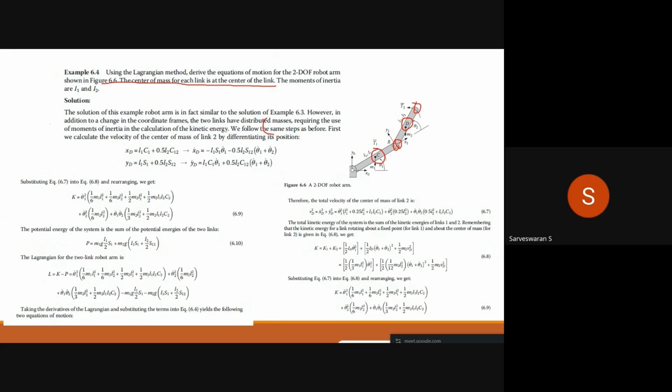For these kinds of scenarios, we have to solve the same thing, and from there also we will get T1 and T2. Everything is only for a 2 DOF planar robot.